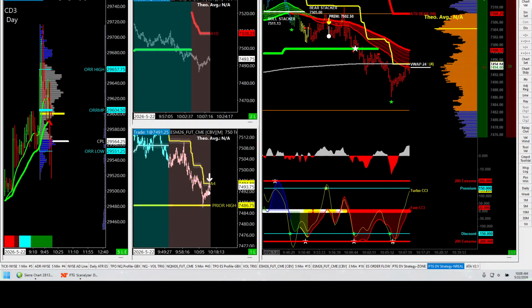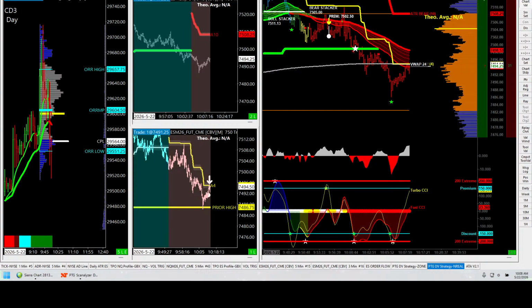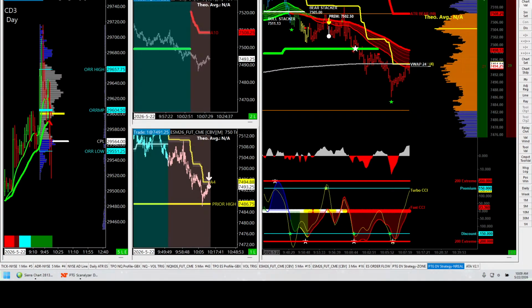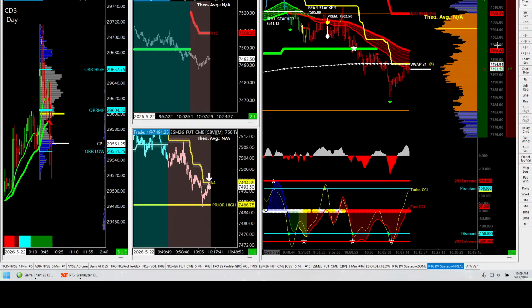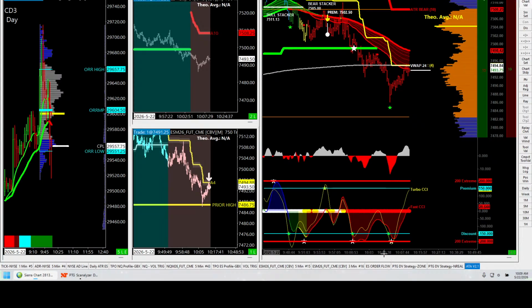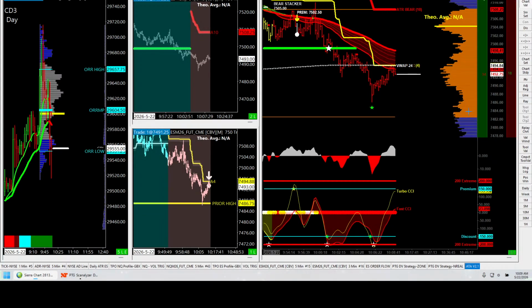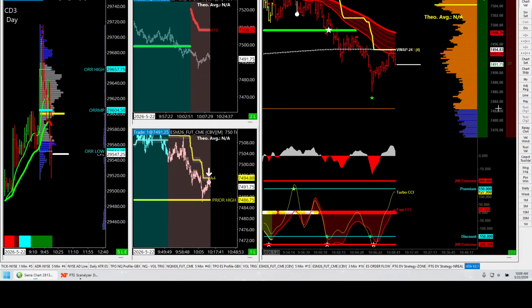Some of you, a little bit more aggressive on that side, can take a tag off that for a bounce. Nothing wrong with that. Not necessarily a core play for us, but certainly a play nonetheless.